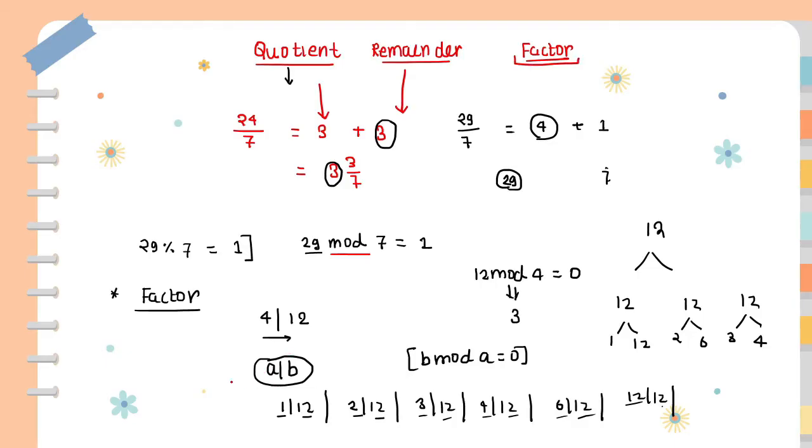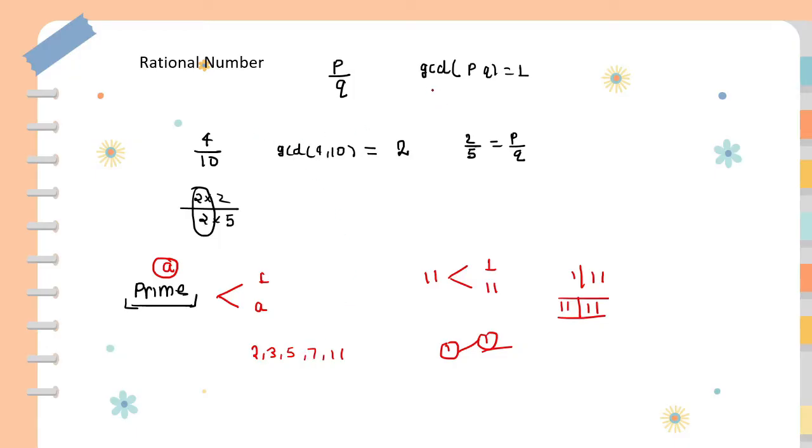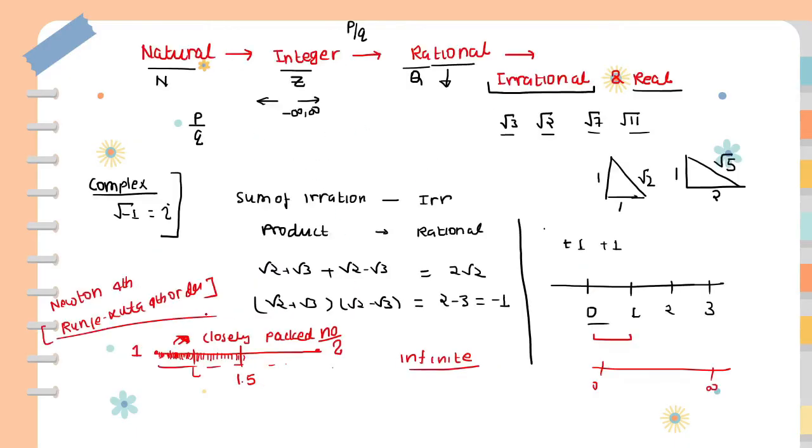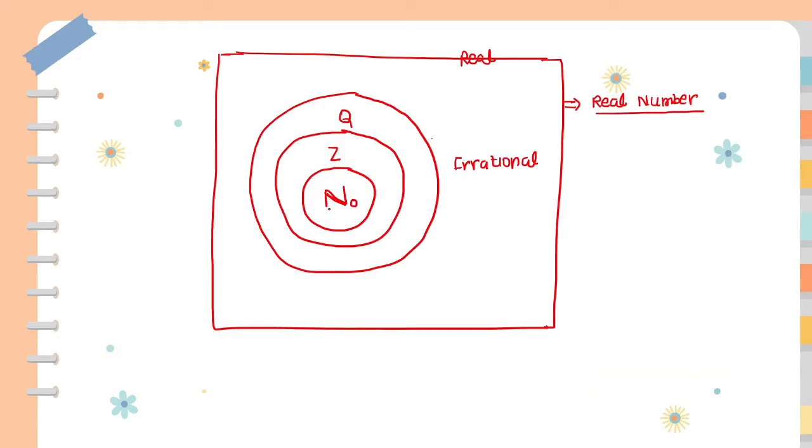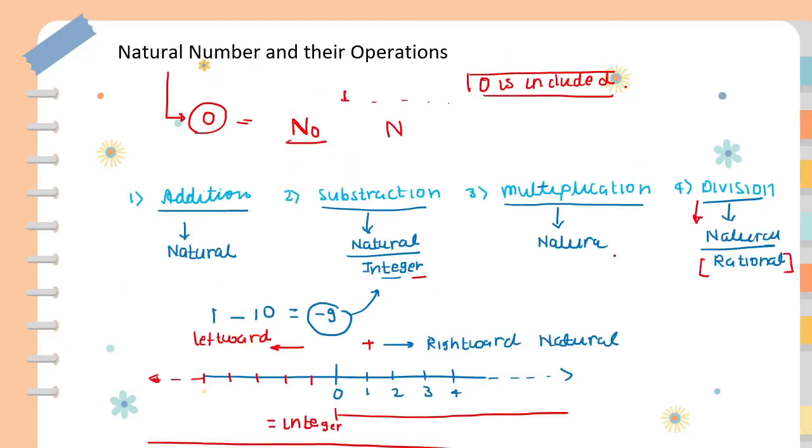How we represent it is very important here. Then what is GCD, and prime numbers, natural, integer, rational, and in the natural numbers we can also make one circle here, that is prime. This is a representation of natural numbers and their operations and all the stuff related to natural numbers, integers and rational numbers. Outside it is complex numbers, which we don't have to study in this particular course. Okay, so now we are done with these three topics.